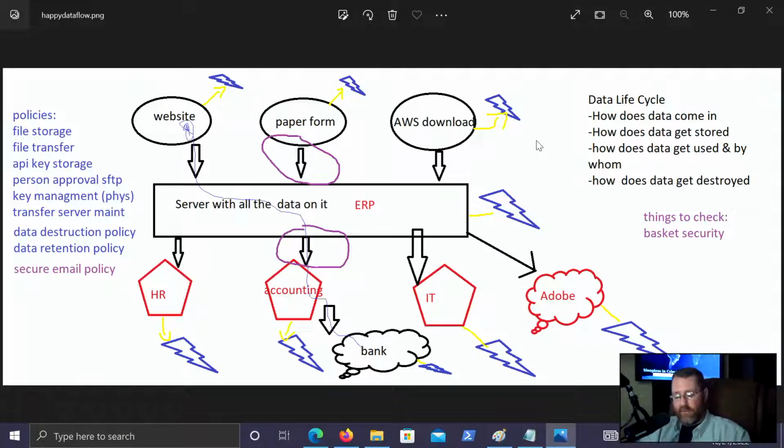Now, there's a lot of other kinds of accesses, such as, let's talk about the ERP specifically. We're talking about downloading it to a laptop or a desktop or something like that, and you should keep those logs. But in most ERPs, you have something that shows someone logged in, and hopefully it shows what record they had access to when they logged in.